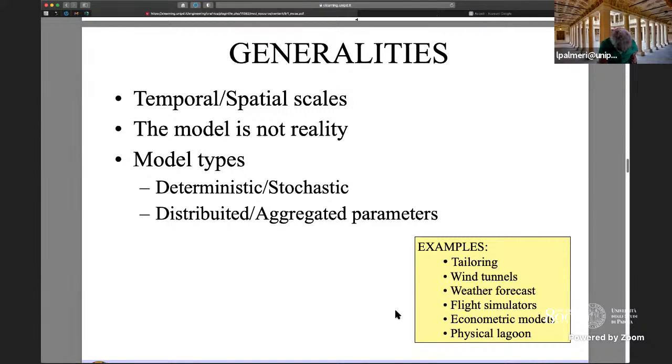When you start conceptualizing a mathematical model, a good starting point is discussing the scales in terms of temporal scales, seconds, minutes, weeks, months, years, centuries, or spatial scales, millimeters, centimeters, meters, kilometers, and so on.